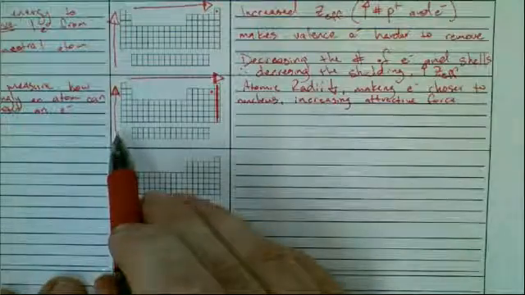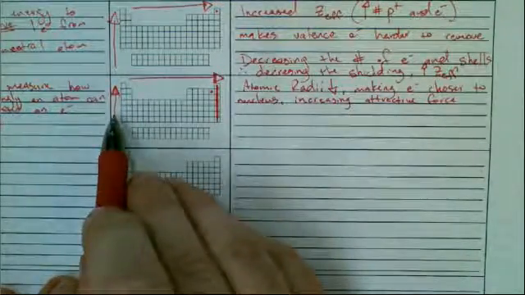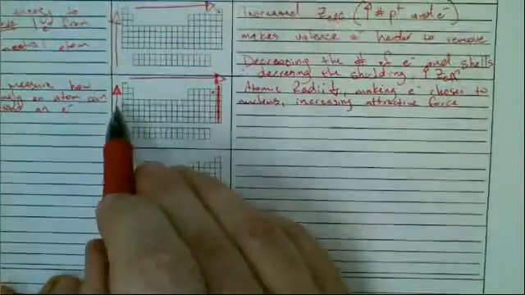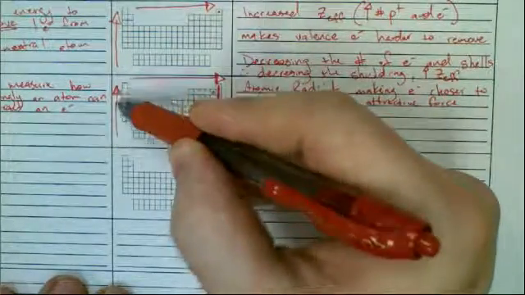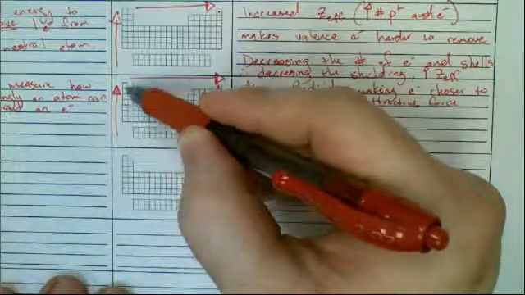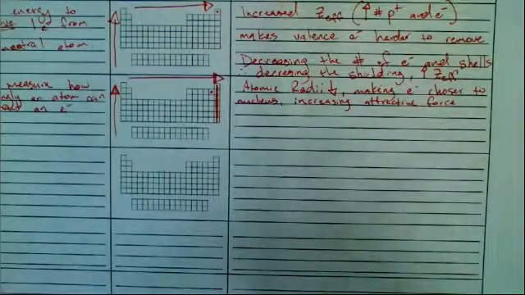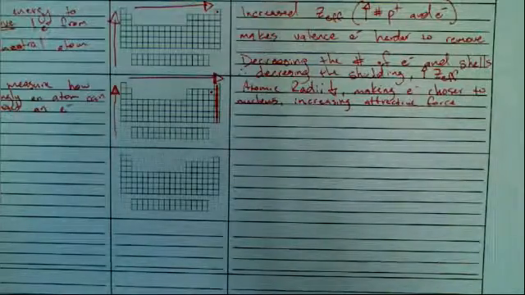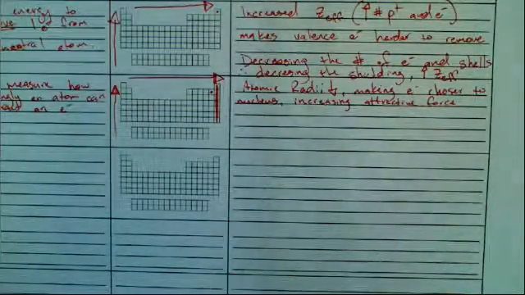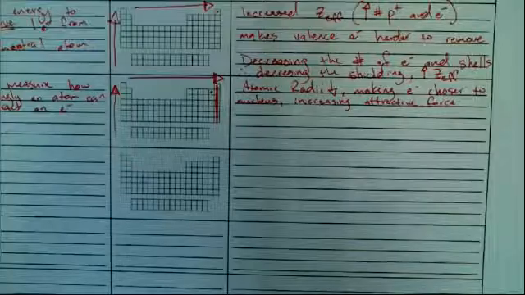And then very similarly to the period trend, the group trend: electronegativity is going to increase as you go up a group, because as you go up a group, you're losing quantum energy levels, you're losing layers, energy shells.